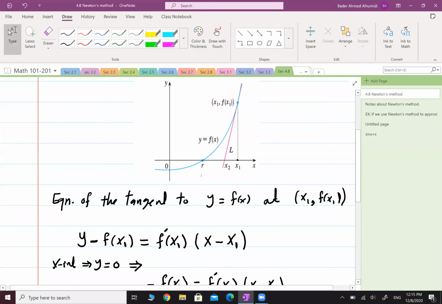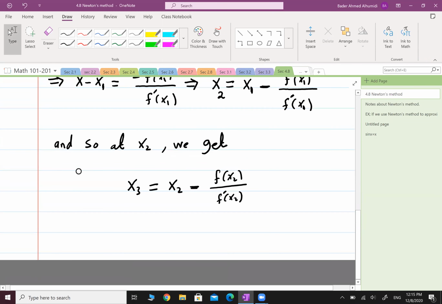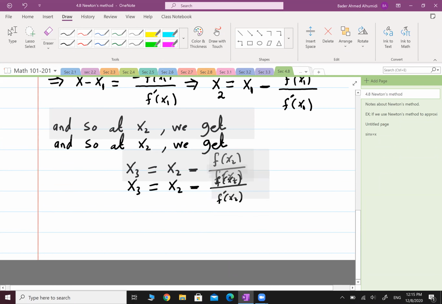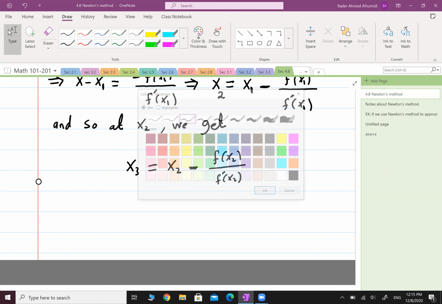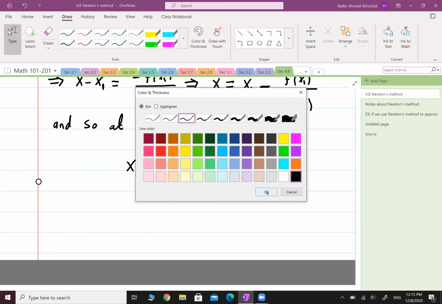Okay, good. In general, what is the formula? Let me just take this one a little bit up in order to save space and write it in general. In general, what will be the formula, what is called the Newton method?